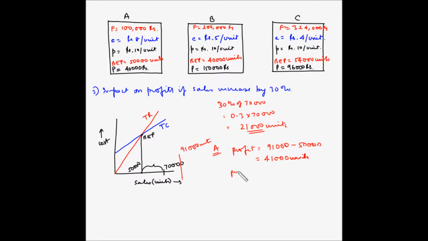And profit in terms of rupees is 41,000 multiplied by the difference between the selling price and the cost price, which is 10 minus 8. So 41,000 multiplied by 2, which is equal to 82,000 rupees. So here we have to find out the percentage increase in profit.